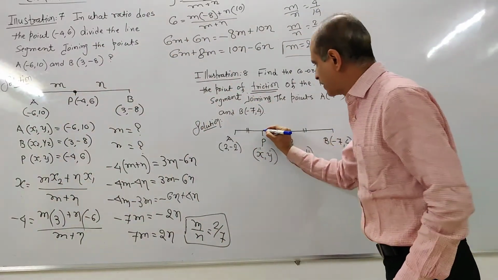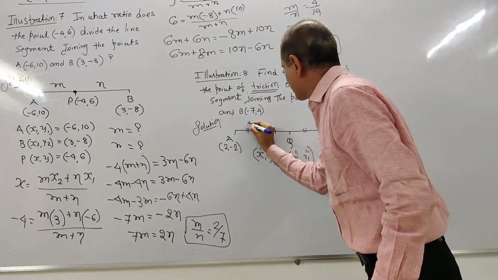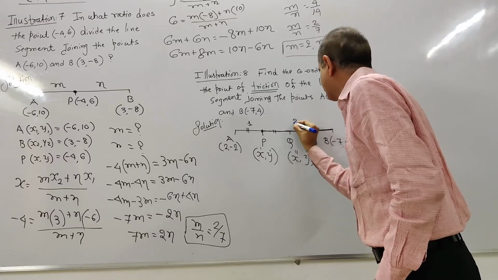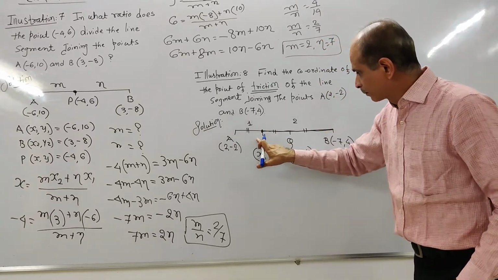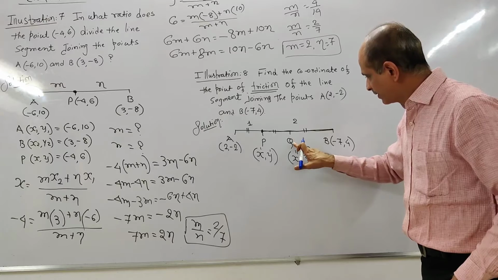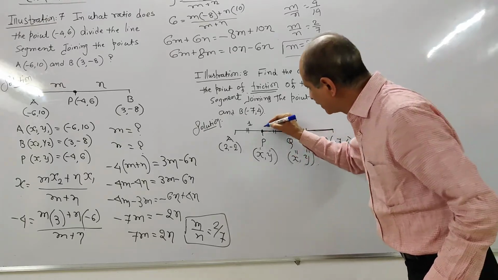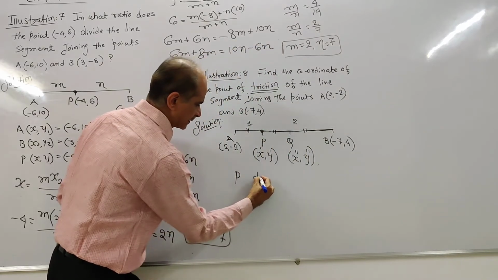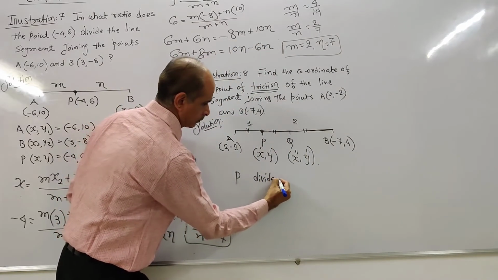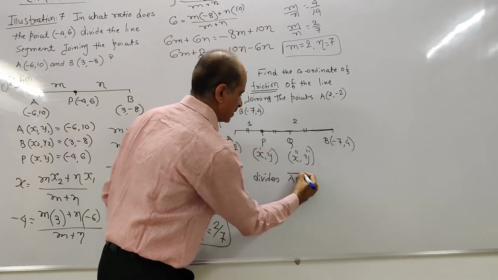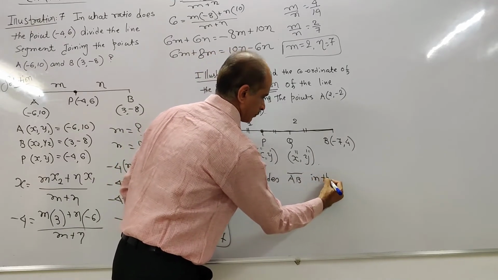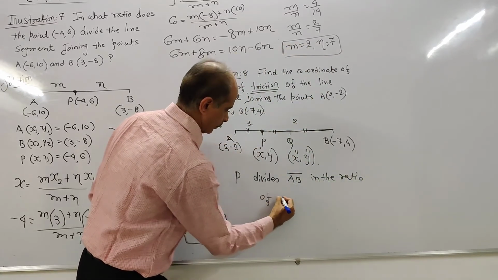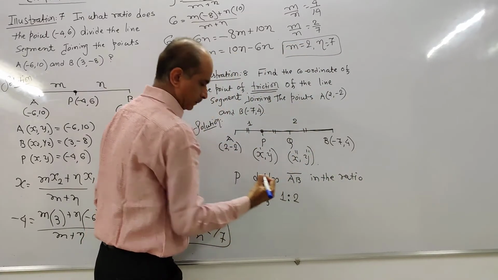When you take P, this portion becomes 1 and this portion becomes 2, because AP is equal to PQ is equal to QB. So you can write that P divides line segment AB in the ratio of 1:2.